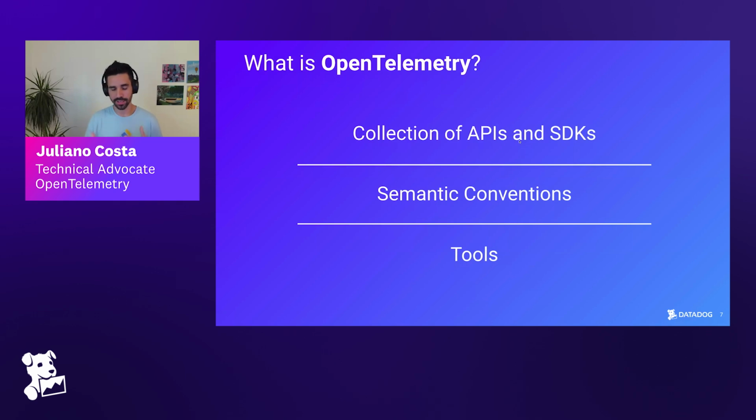Just so you have an idea of how important OpenTelemetry is becoming, the project is being adopted by Kubernetes and gRPC. So those are already well-known and stable projects, and they are adopting OpenTelemetry as their default telemetry tool.